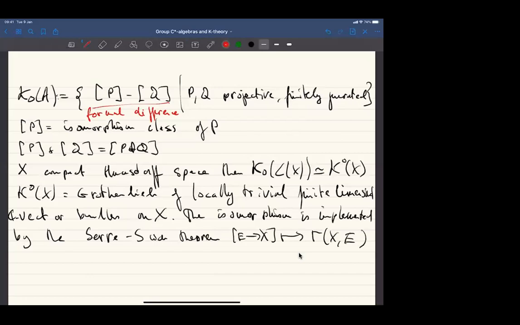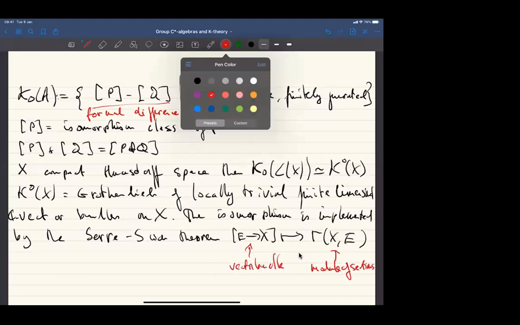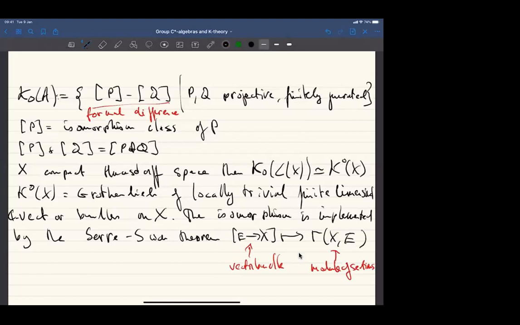And from the Serre-Swan theorem, we know that the module of sections completely determines the vector bundle up to isomorphism, and that's where you get this map from.